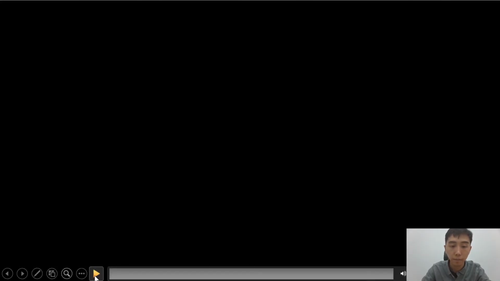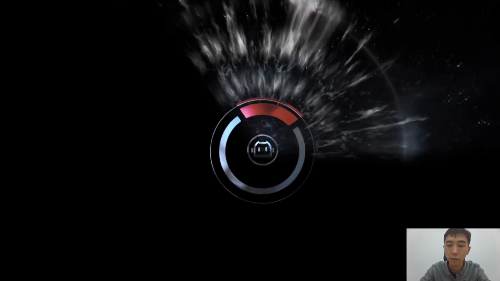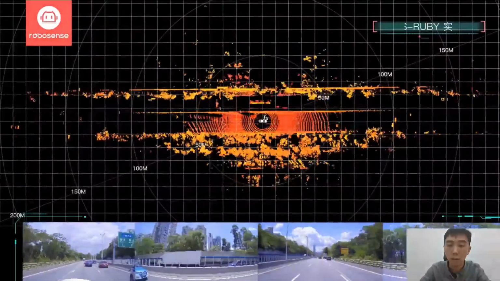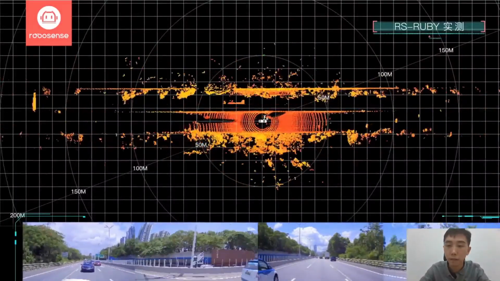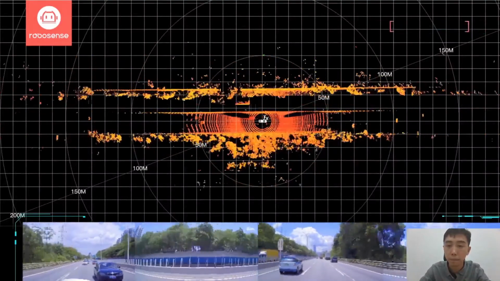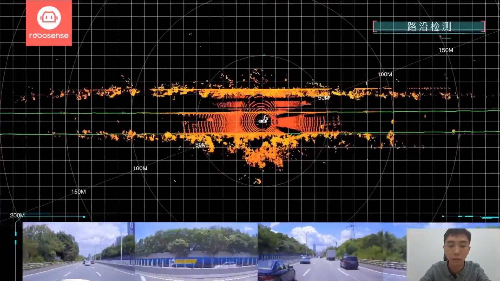Okay, so here is a demo video of the final result of the reference system. So here is the raw data. Here shows the road edge, these two green lines.